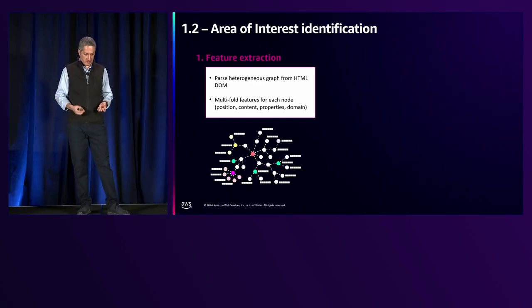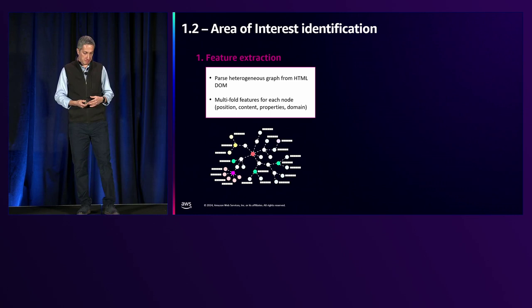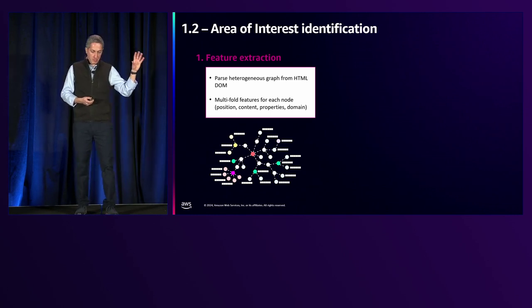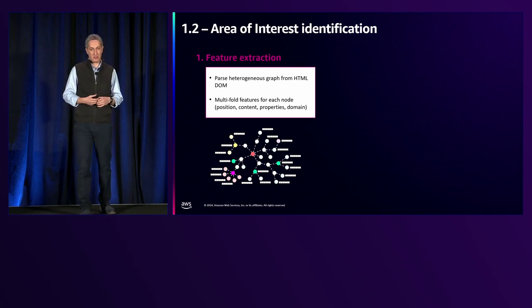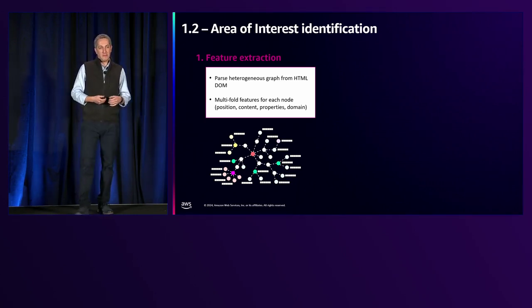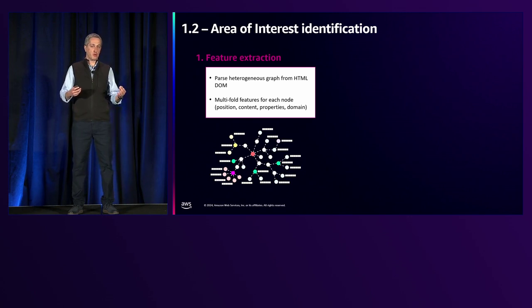So how do we resolve that? This has been an area of innovation within our team. Starting from an HTML file, we convert that HTML DOM to a tree structure. This is, to be exact, a heterogeneous graph. And for each node in that graph, we start growing a feature space for it.